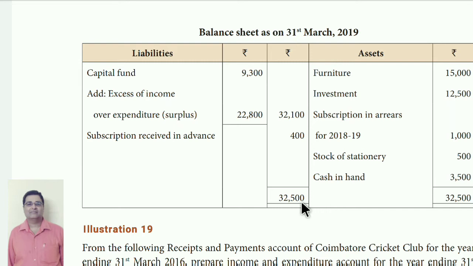On both sides, in the same line, write the total 32,500. 32,100 plus 400, 32,500. Write it on both sides. So this is the total. Now do all the students understand? If any doubt, watch the video once again, you can understand the sum. Very good, student.